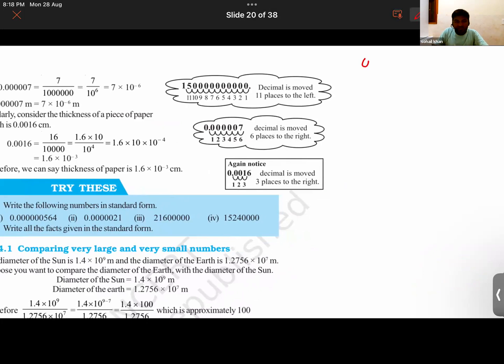So the number was 0.0016. Now we need to convert it into a fraction. It is 16 upon 1000, 4 zeros, right? So it is the same as 1.6 into 10 raised to the power minus 4 here.